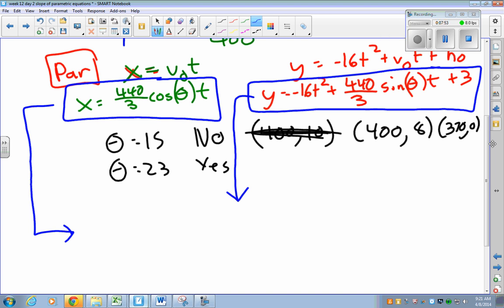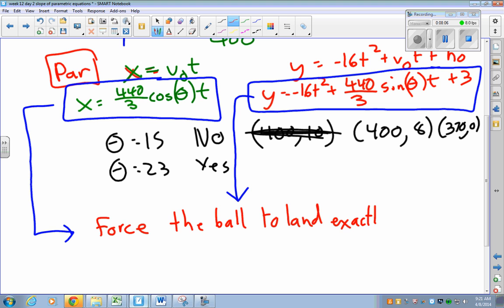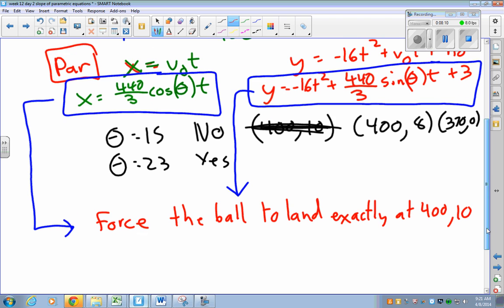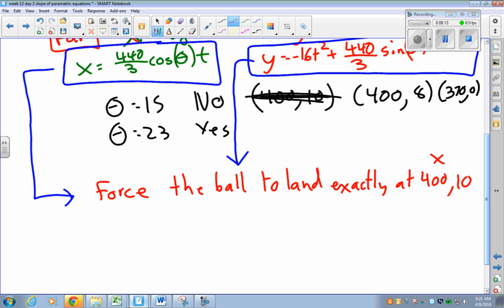So the whole key is, let's force this to happen. We are going to force the ball to land exactly at 400, 10. So that's my x, that's my y. So right away I'm going to say 400 equals 440 over 3 cosine theta t.